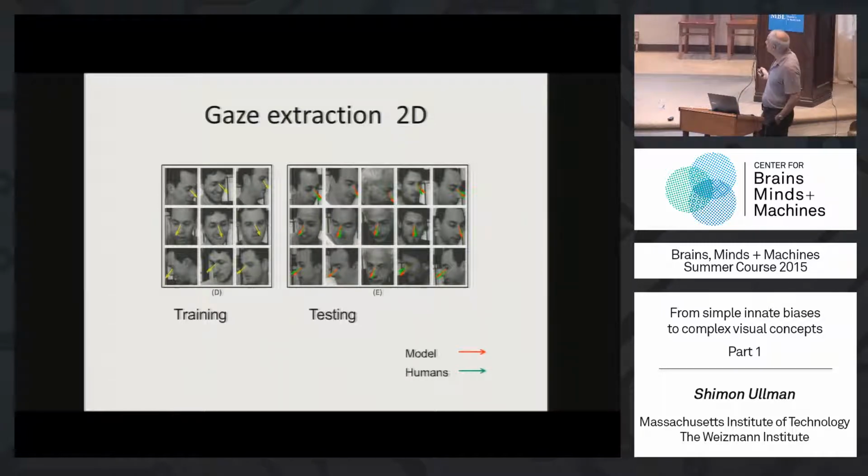What we see here with the yellow arrows are collected images, where the direction of gaze, the supervised direction, was collected automatically by just identifying the direction to the contact point.